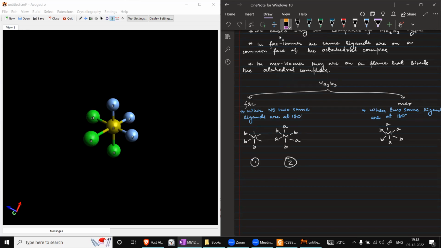Wait a second. Okay. Now, please see this structure very carefully. I'm not going to change the structure. I'm just going to rotate it, and you are going to get the second configuration. Okay, just look here.